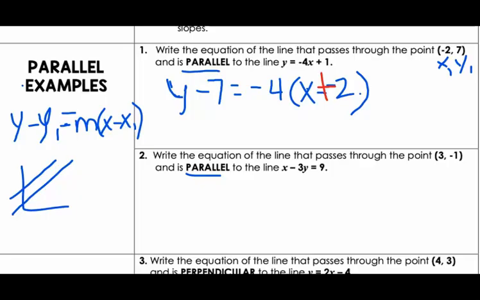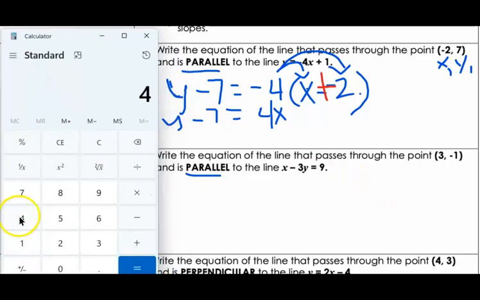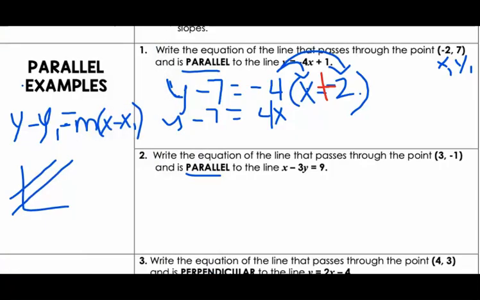All right, so distribution first. Use the distributive property. So it goes y minus 7 equals -4x, and then -4 times +2 is -8.